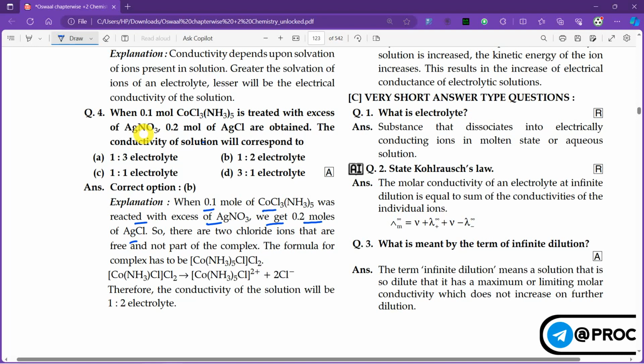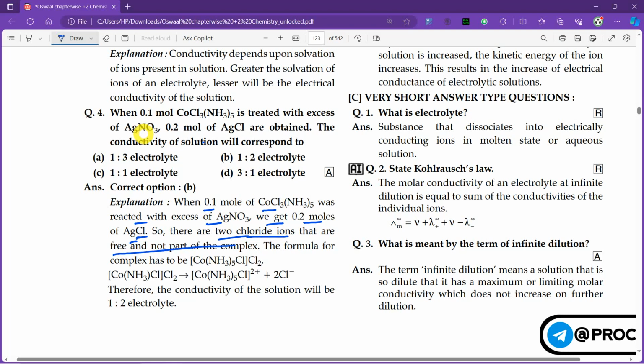What does it mean? 0.2 moles of AgCl means two chlorines are here. So we can understand that there are two chloride ions that are free and not part of the complex, right?